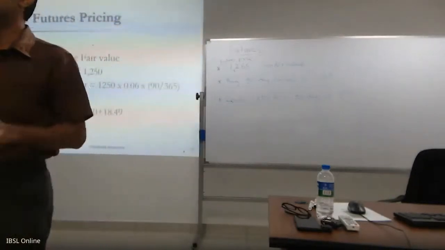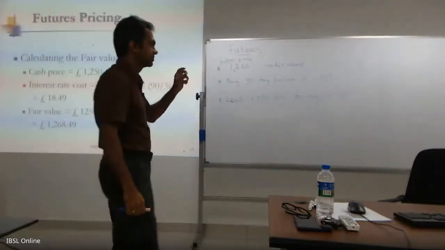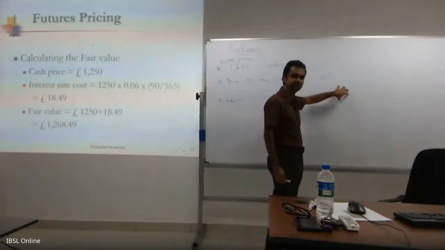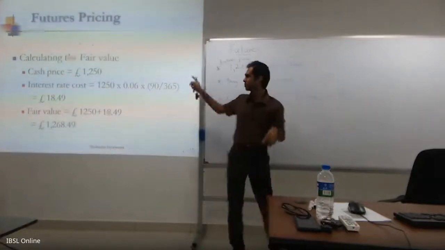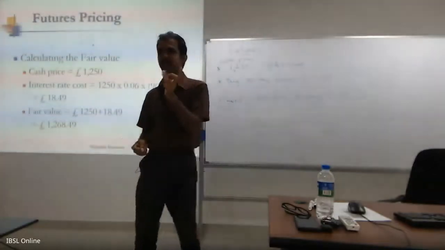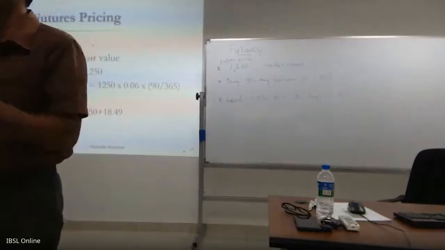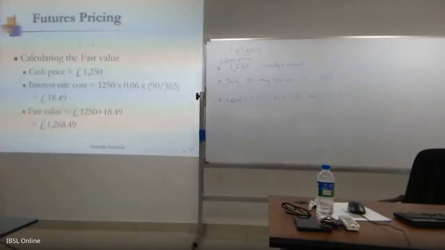So you can see now we use just one interest rate figure and one spot price, but there will be bid-offer spreads in spot rates as well as interest rates. So you have to factor all those things in practically when you do this type of calculation.